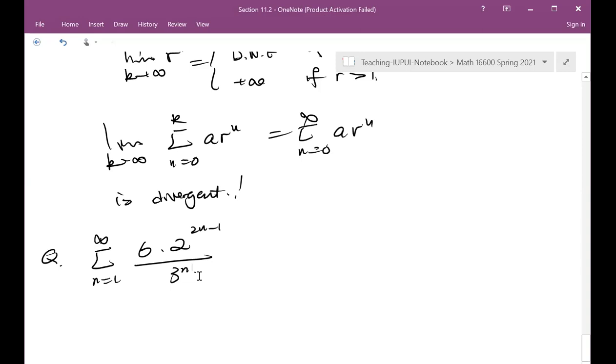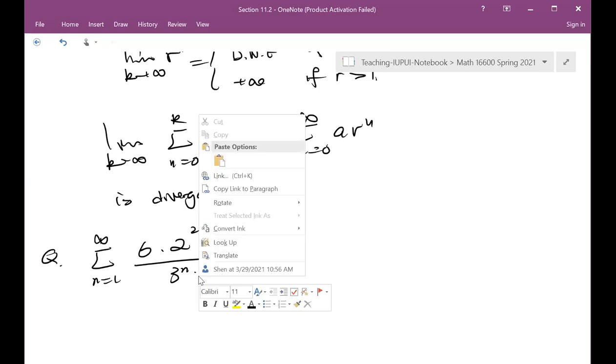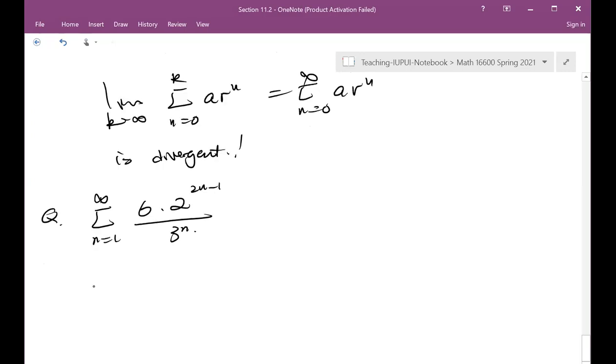The reason is, I can express it in a slightly different way. This is going to be 2 to the power 2n minus 1, which is 2 to the 2n divided by 2. It's going to be 4 to the n divided by 2.